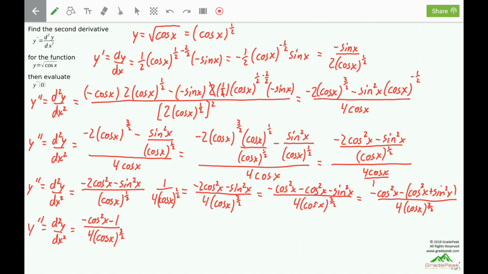The negative can be factored and put to the front. That's an optional way to write this, in which case it'll be cos squared x plus 1. And there is our second derivative of y double prime, or d squared y dx squared, in its simplified form.